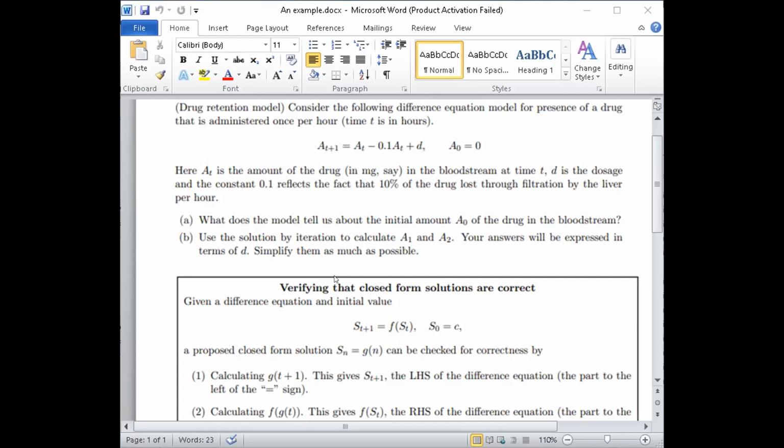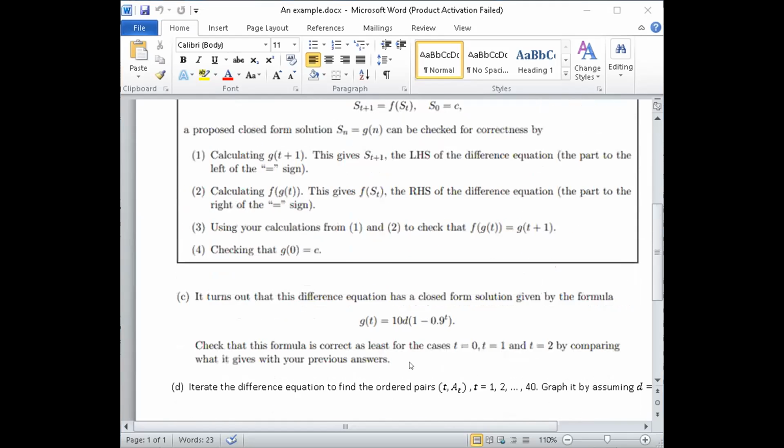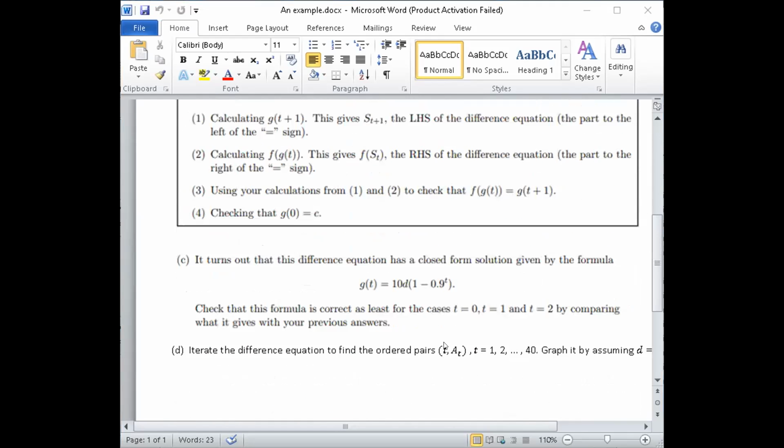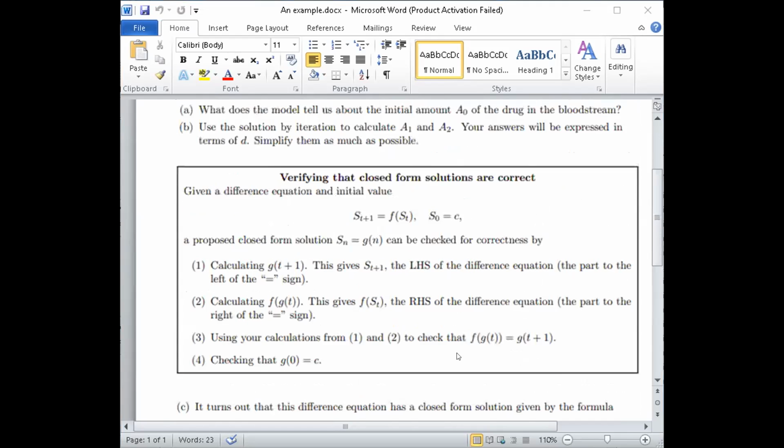So now we are going to use Octave to compute this pair. At 0, we know A sub 0 is 0.